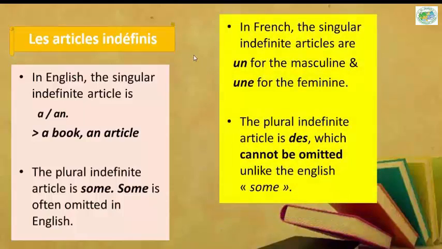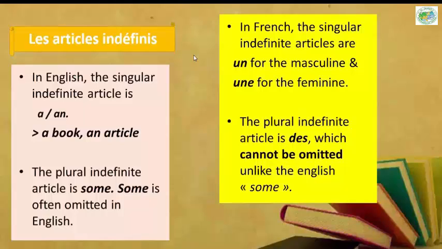Et en français, the singular indefinite articles are two words. Un for le masculin, une for the feminine, pour le féminin. And the plural indefinite article is des, which means some in English, which cannot be omitted, unlike the English some.